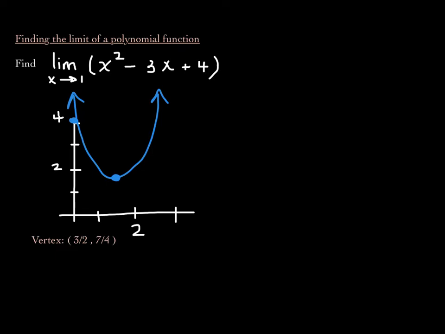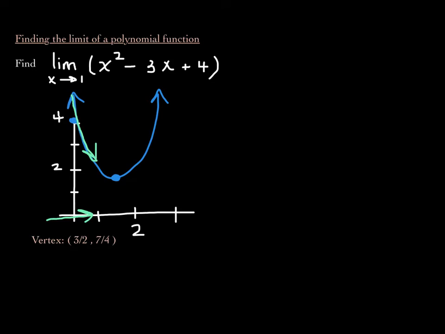All right, so this is what I want you to see, and we can also get a table going if you'd like. I have to approach 1 from the left, so that's what I'm doing here. As I approach 1 from the left, my function values are coming in that direction.